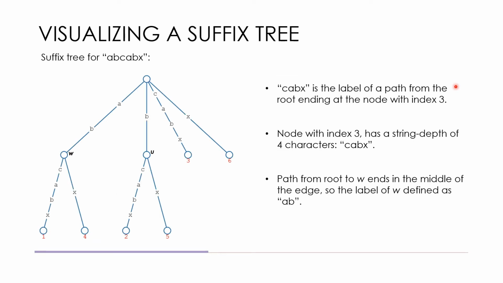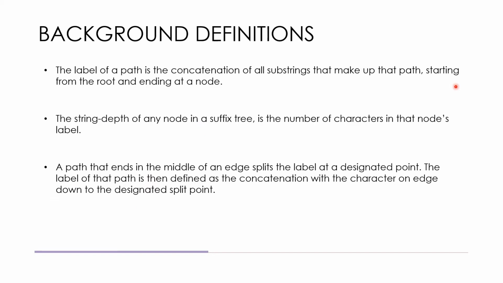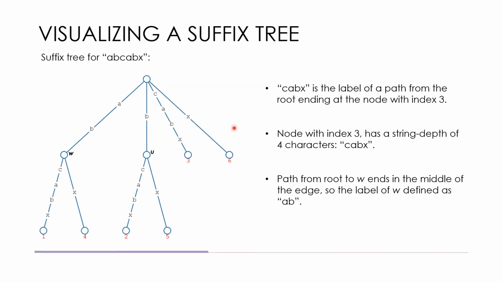So now we see an actual suffix tree, and we see how it looks. For this particular example, we have the suffix tree for the string ABCABX. And so going back to this first definition, we see the label of a path. In this case, we're going to be taking a look at this edge over here.